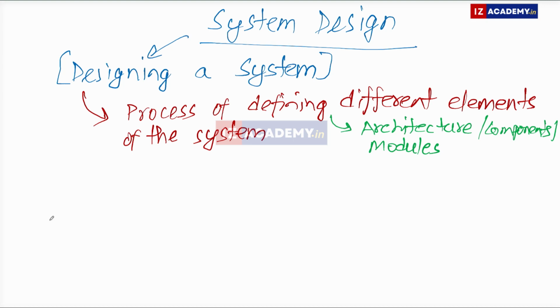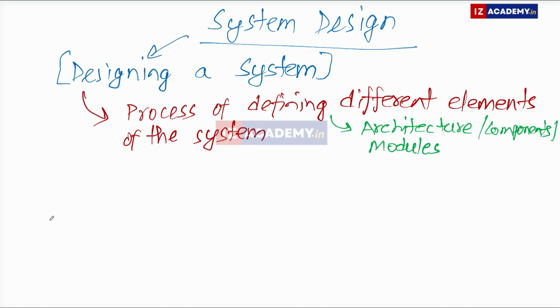If we don't divide it into small things, how will we make it? We cannot just make everything together. We have to make it in small parts. We have to divide the work among different teams, right? That is why system design is important.